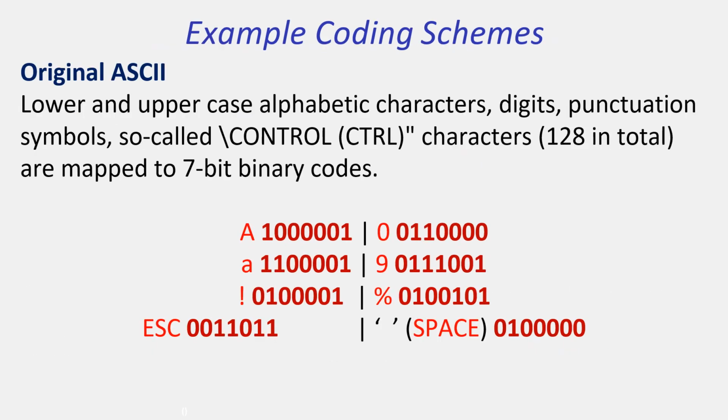An example, one which I'm sure you're familiar with, is the original ASCII code. That's a particular coding scheme, and it uses 7-bit binary codes for 128 distinct characters.